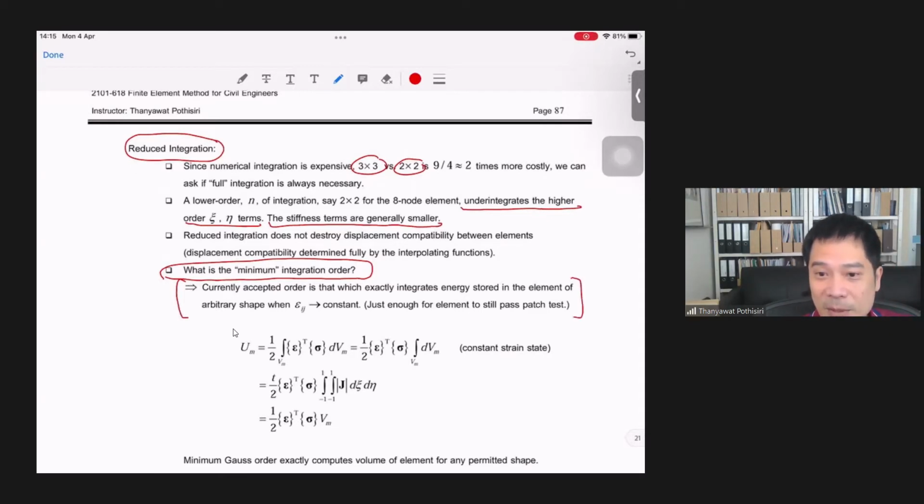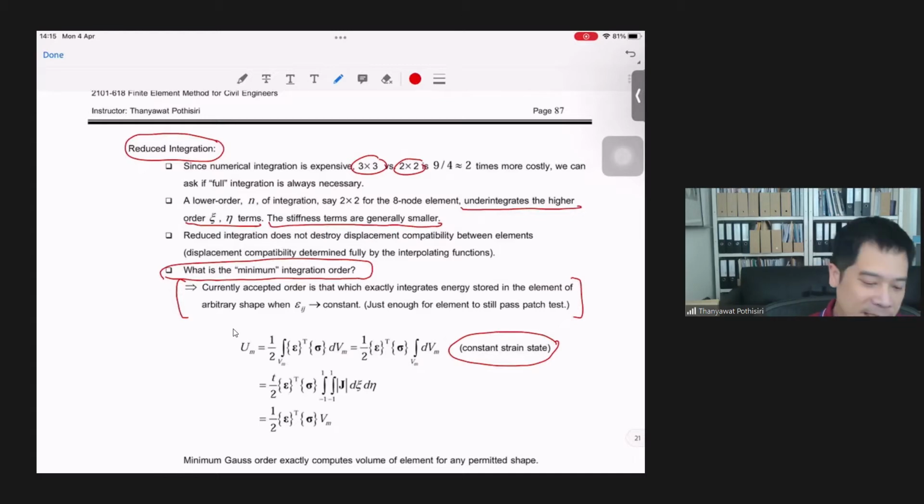Because you are still computing the element stiffness matrix, right? So you need to be able to somehow capture certain behavior of the structure. For example, the constant strain state or the constant stress state, right? Because we have seen before that we need to be able to use our finite element to represent the constant strain state. Okay.